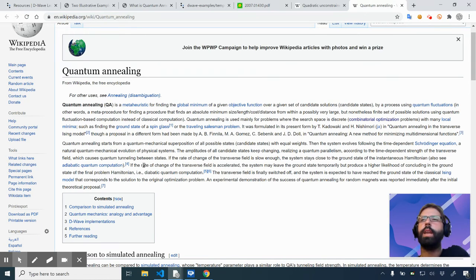I think the idea is that you start with a superposition of all states, and as you're introducing the weights and biases, if you do this slow enough, the system stays, but what system? Slow enough, the system stays close to the ground state of the instantaneous Hamiltonian.